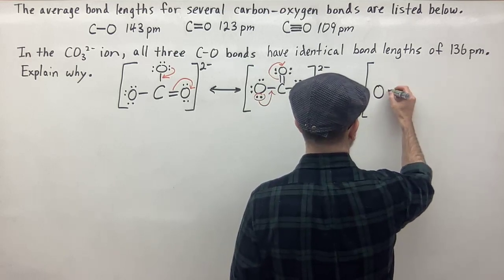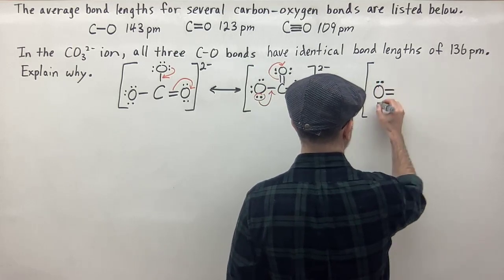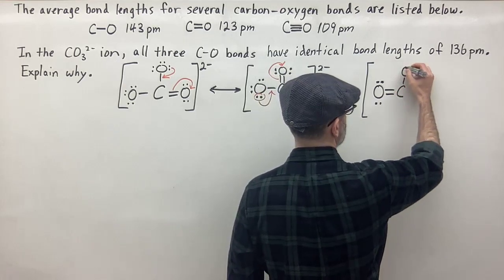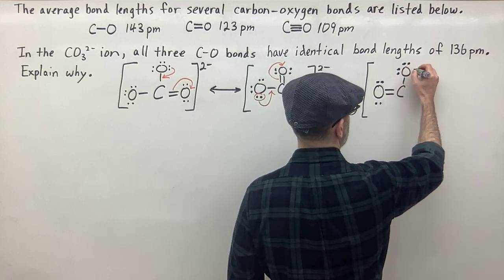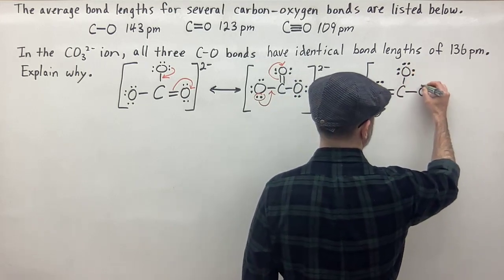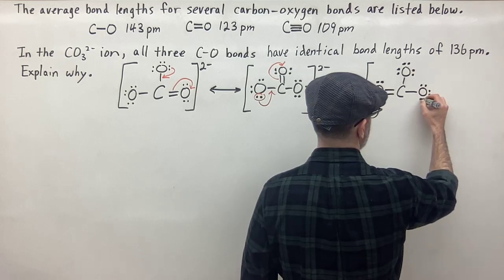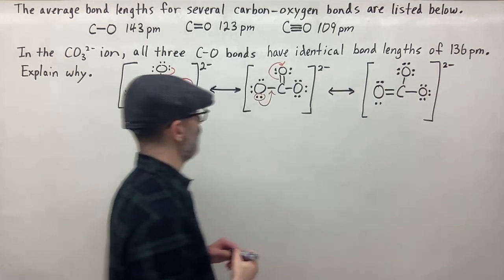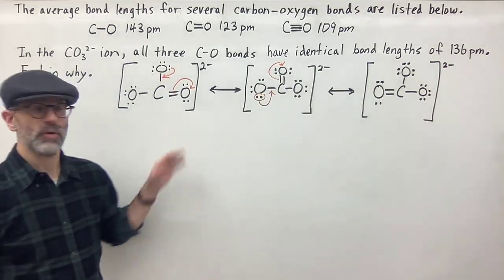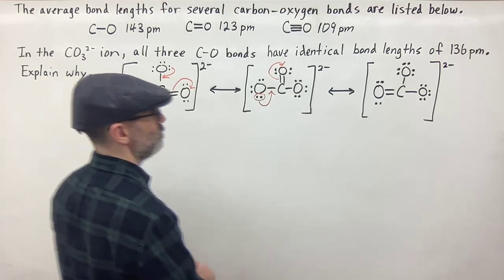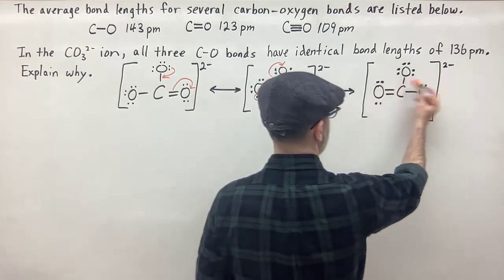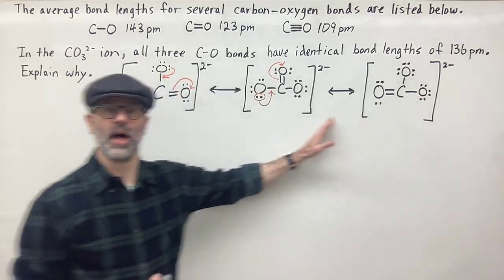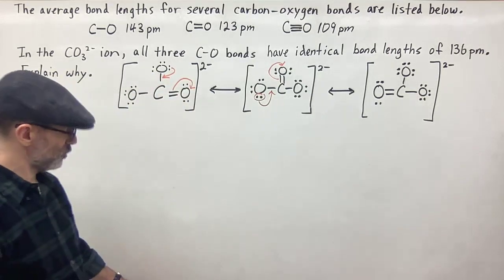Then we'll have the double bond between this oxygen and carbon, like so. And here we have our three resonance structures. And again, we can move the electrons and come back to this one, but I want to give you an idea of how we get those resonance structures.